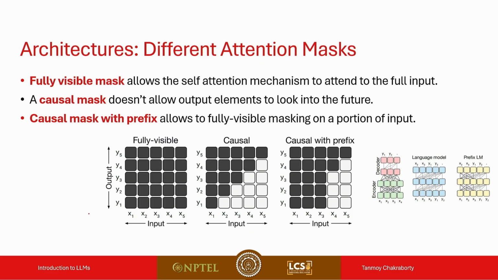Now this is the figure that I mentioned. In case of encoder-only model, the entire token sequence is visible to you. In case of causal model, autoregressive model, you have access to one part, you don't have access to the other part. In case of the prefix model that I mentioned, one part is completely exposed, the other part is basically autoregressive.